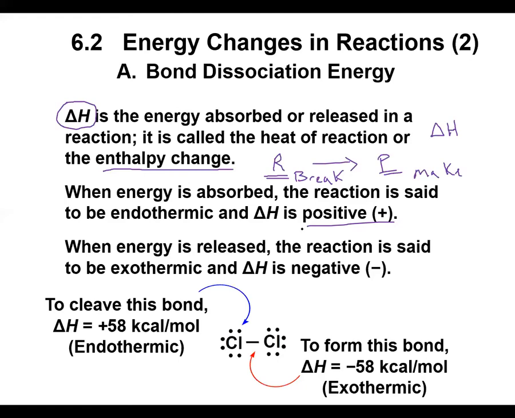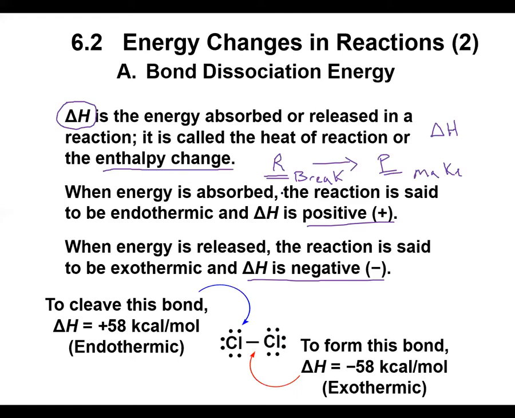And same idea if you see something where the delta H is negative. Again, in a lot of cases the number is not truly important for our purposes, but the sign is. So if the sign is negative, that means overall that process is exothermic and heat and energy is being released.